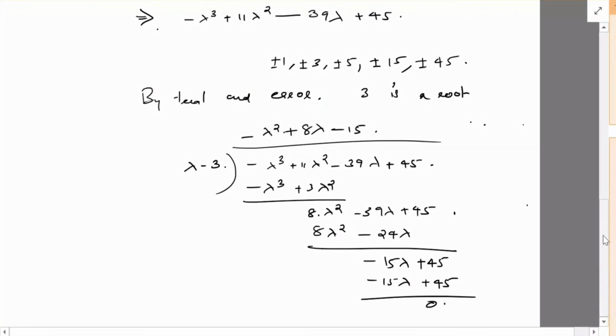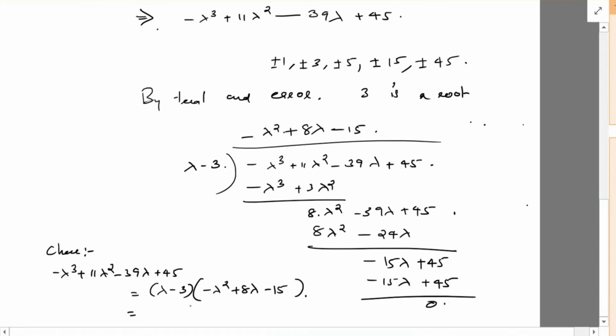So our characteristic polynomial can be written as, our polynomial was minus lambda cube plus 11 lambda square minus 39 lambda plus 45. This can be written as lambda minus 3 into minus lambda square plus 8 lambda minus 15. We can take the minus from the quadratic polynomial outside.